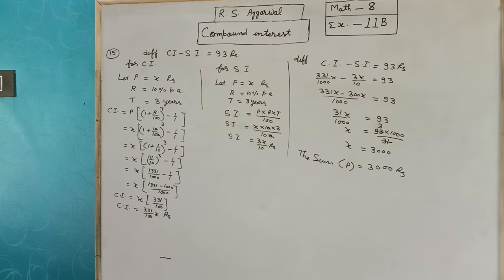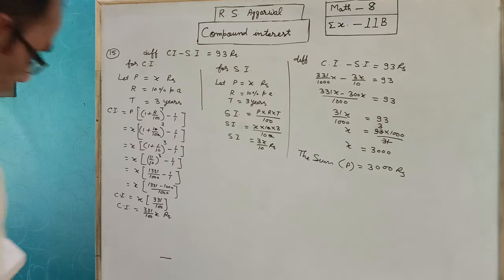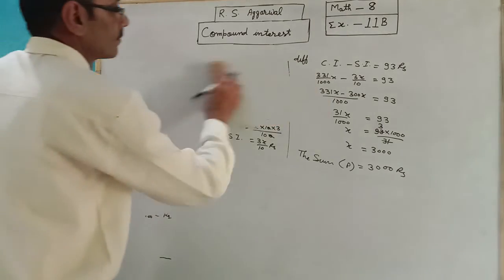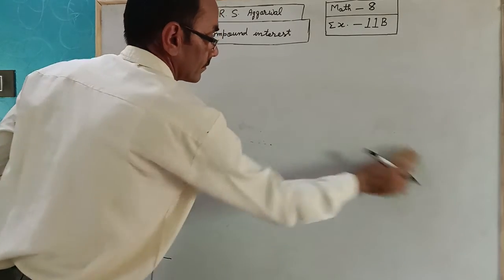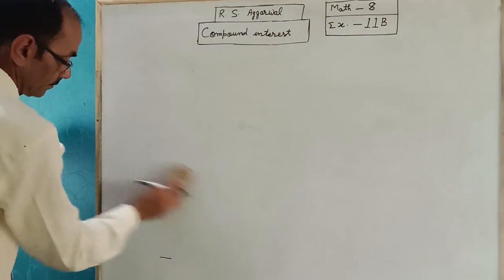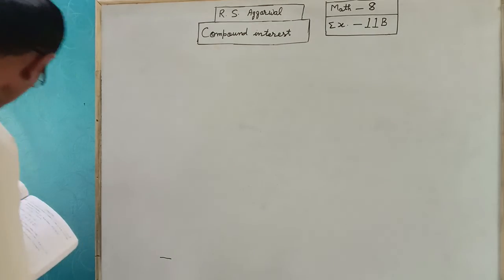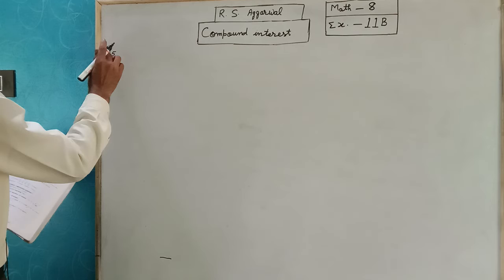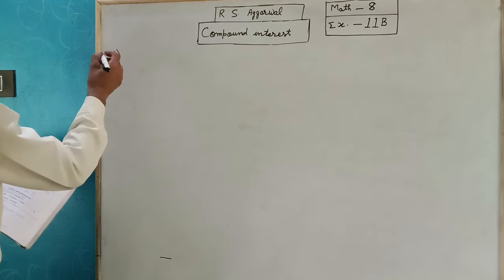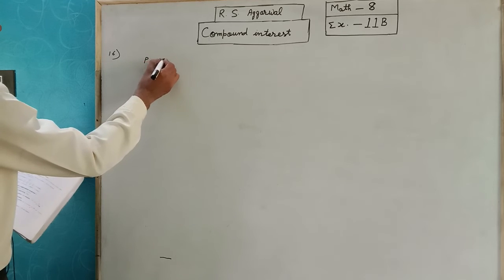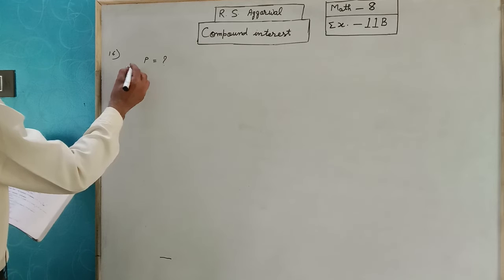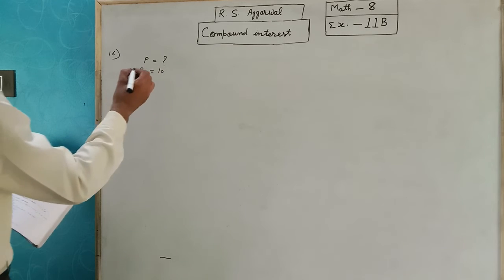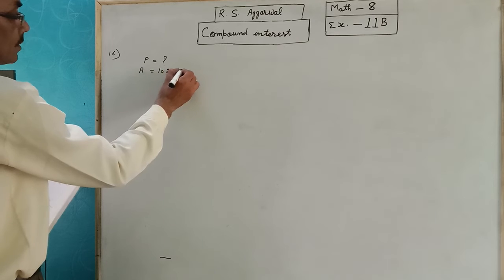Question number 16. Find the sum, we find the value of P. P is equal to, and A is given, 10,240 rupees.